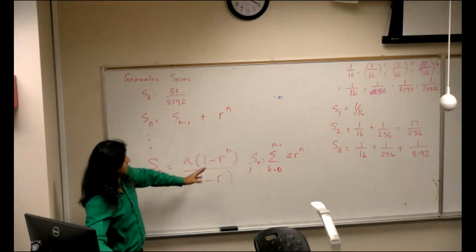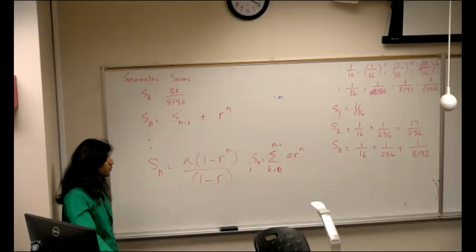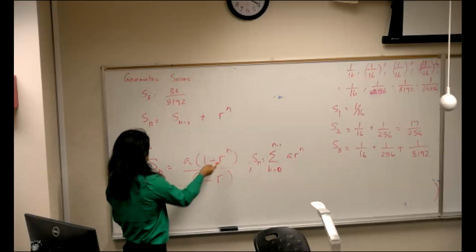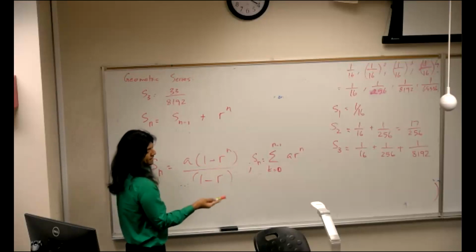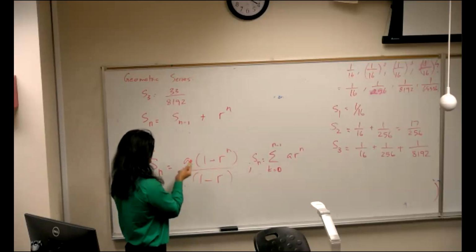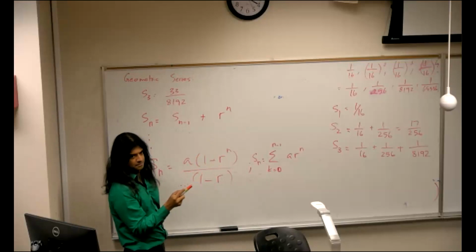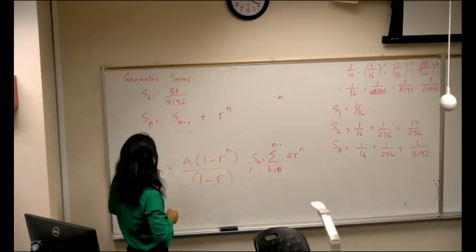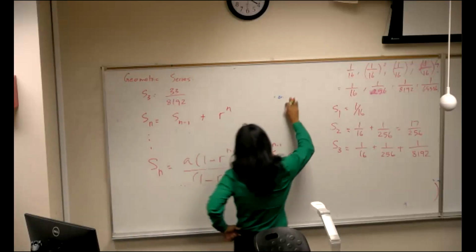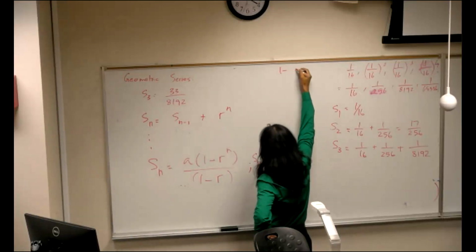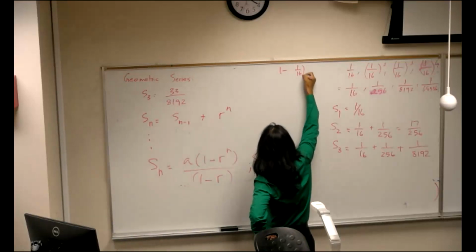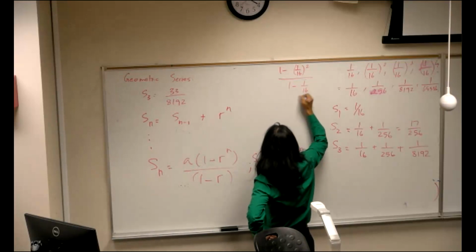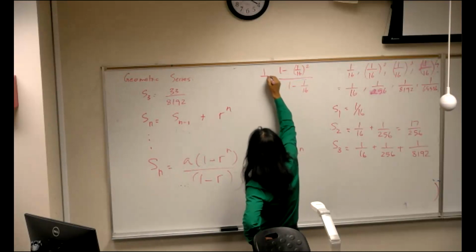You can plug it into our formula and see if it works. Hopefully it does. If I plug in n equals 1, the 1 minus R over 1 minus R will get cancelled. You get the first term, yes? If I plug in 2, side note, 1 minus 1 over 16 squared over 1 minus 1 over 16, times 1 over 16.